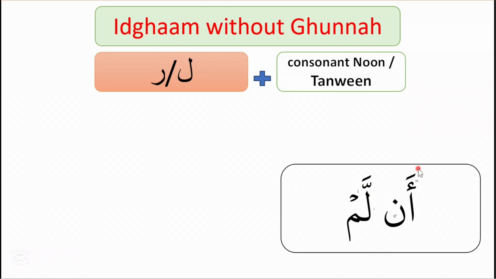You don't need to read like an lam. No, you should not do this. Just cancel or delete the noon and read everything else. From the hamza with fatha, the vowel, go directly to the letter lam.